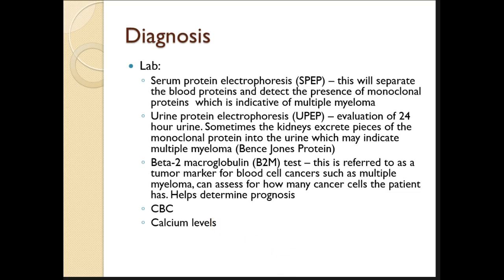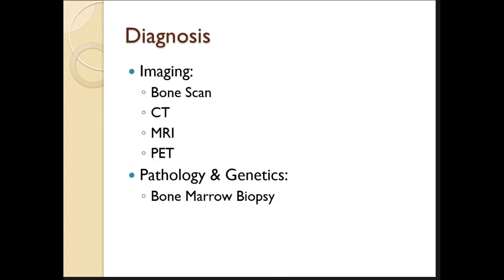For imaging studies, we will do bone scans, again looking for the lesions present in the bone. You can do a CT or MRI, and PET scanning, of course, is used for staging and to see how well the patient is responding to treatment. For pathology and genetics, they will look at a bone marrow biopsy for the patient.